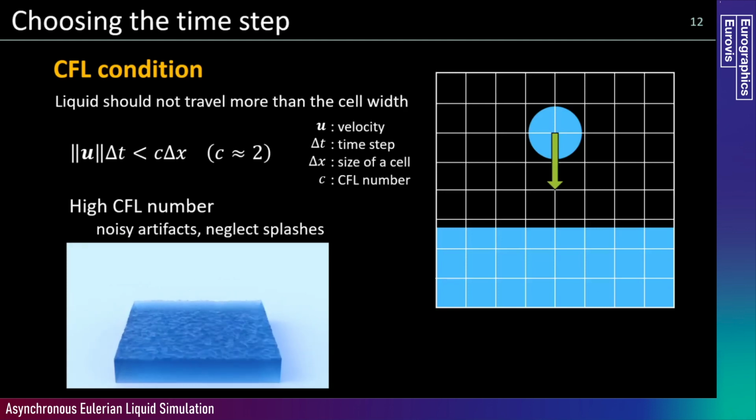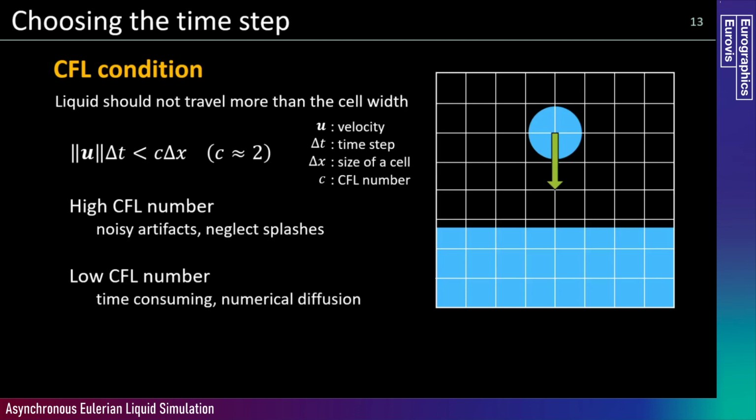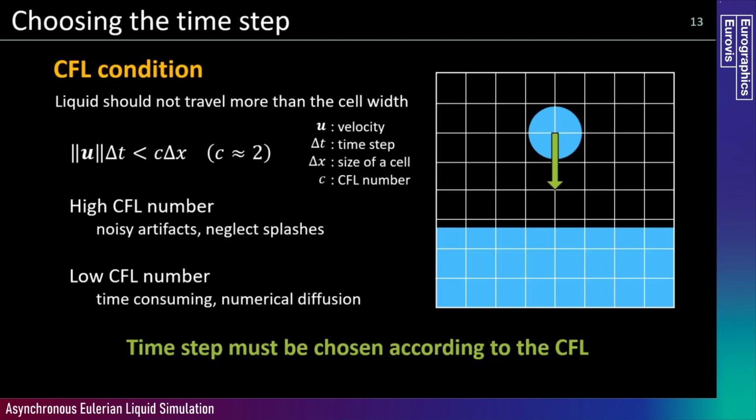Even though this is a static pool scene, computing with a large time step induces noisy perturbation on the surface. On the other hand, if the CFL number is small, the simulation will be inefficient and suffer from numerical diffusion like energy damping. So the CFL number should be neither too large nor too small. Because we can't control the velocity, we must choose an adequate time step to satisfy this condition.